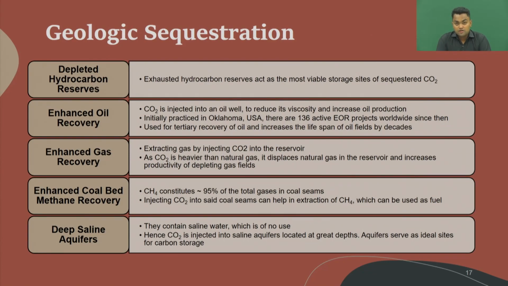Carbon dioxide can also be used in enhanced oil recovery projects and enhanced gas recovery projects, where carbon dioxide is injected and it displaces the oil or natural gas, hence we recover methane, which can be used as fuel, and also sequester carbon.